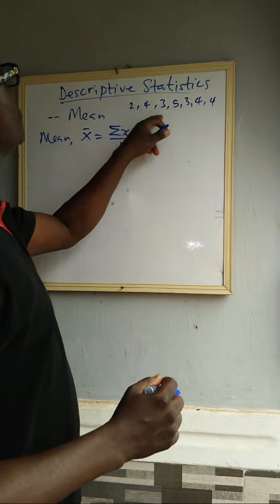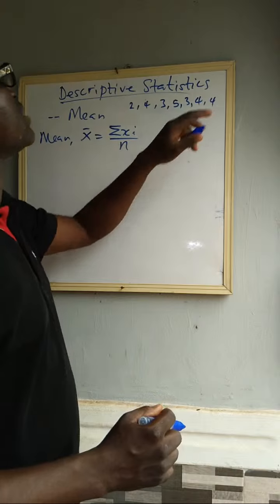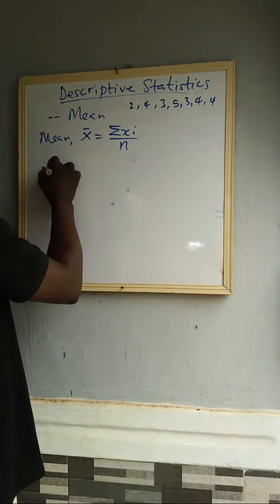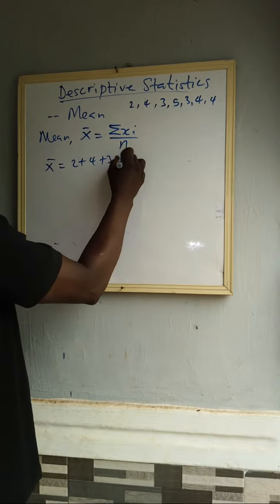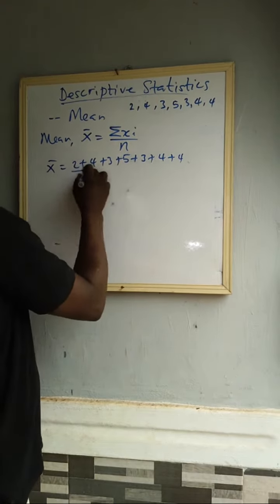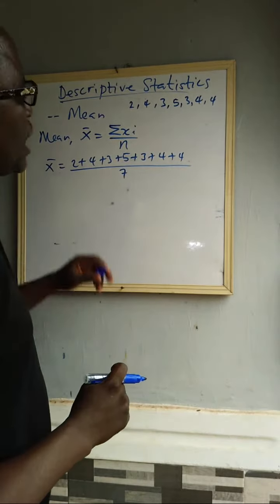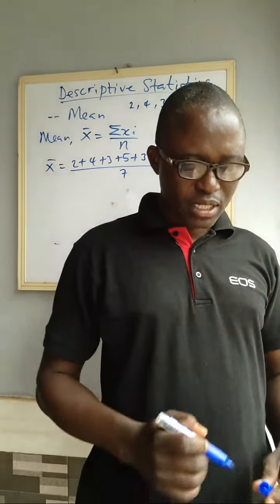So i represents the position: x1, x2, x3, x4, x5, x6, x7. So you can calculate the mean for this set. If you do that, you have 2 plus 4 plus 3 plus 5 plus 3 plus 4 plus 4, divided by their number. Their number is 7. Now, this is just the basic arithmetic mean.